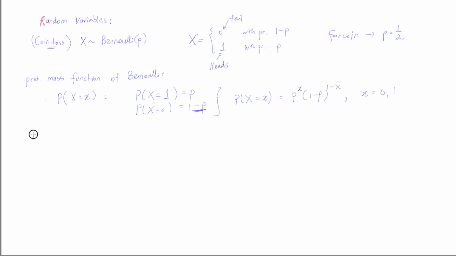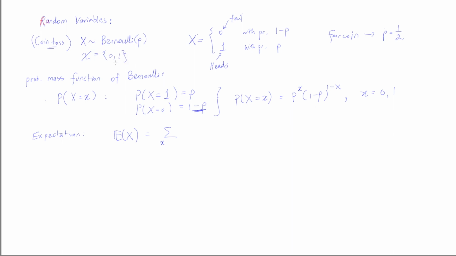We also have the expectation. The expectation of a random variable is the sum, over the set of values that X can take, of x times p(x).